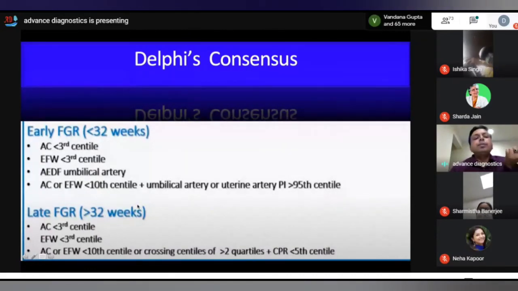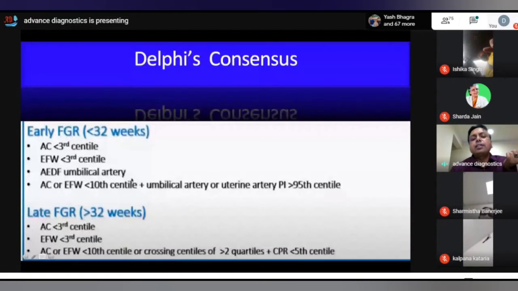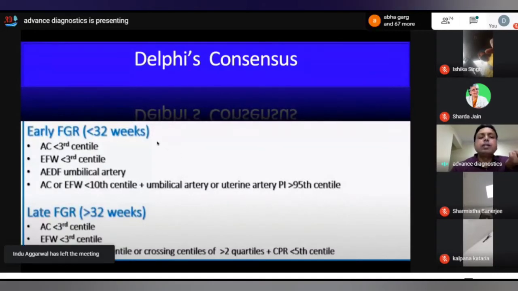If you are seeing absent end diastolic flow in the umbilical artery before 32 weeks, it is early FGR. Or if you are seeing AC or estimated fetal weight less than 10th centile in conjunction with umbilical artery or uterine artery PI more than 95th centile before 32 weeks, it goes in favor of early FGR.